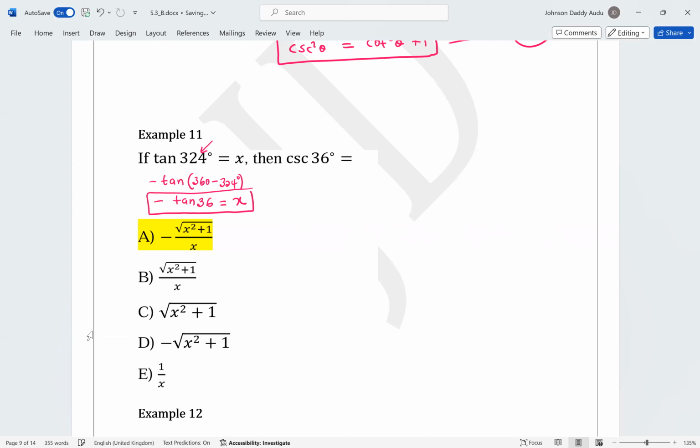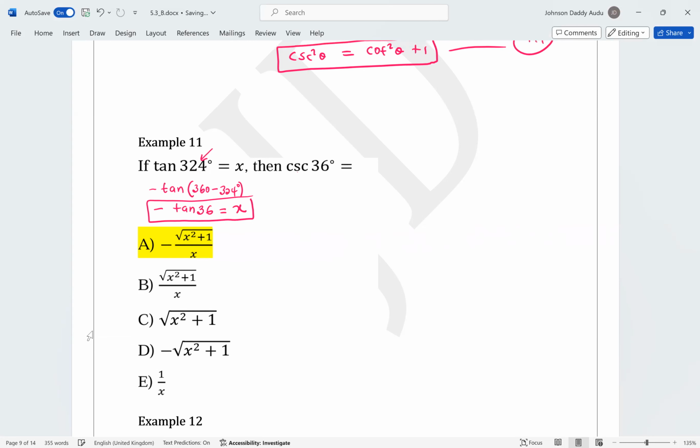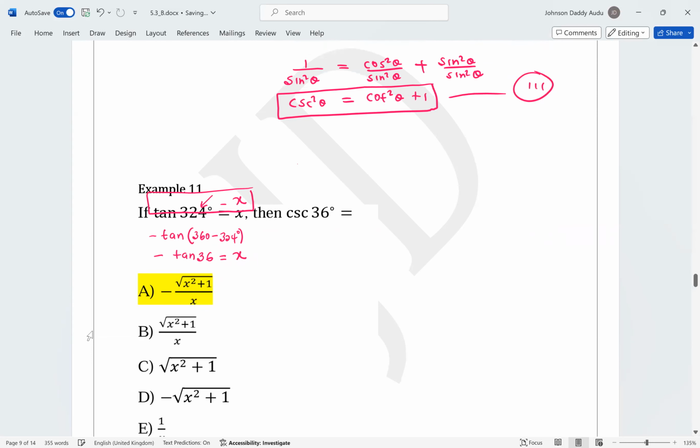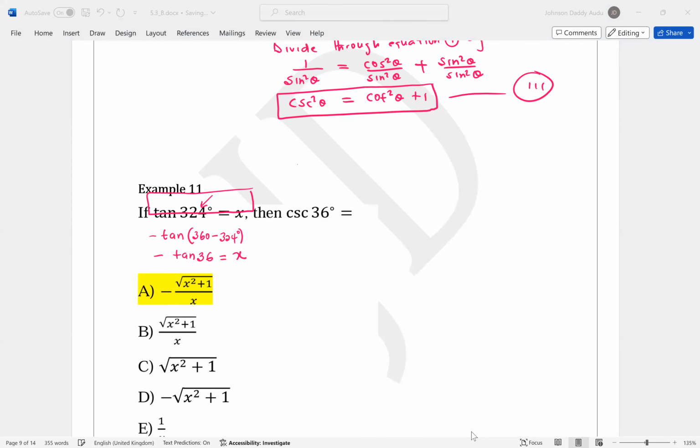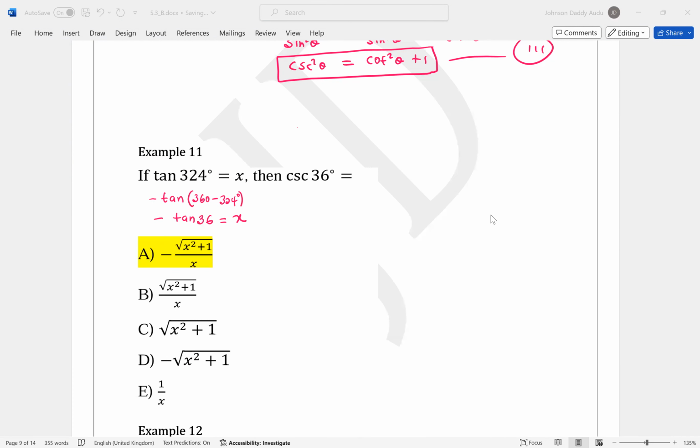So this is what we have from here. But now we want to find cosec of 36. So we have to see what the relationship is. How can we relate all of this? All right, so here you see that we need to find a relationship between cosec and tan.